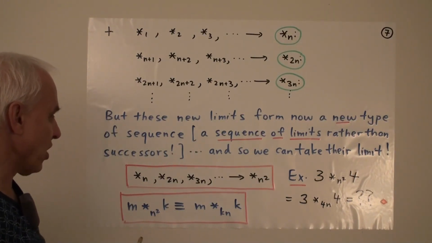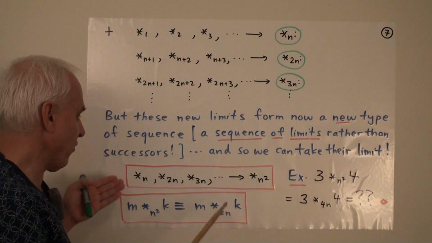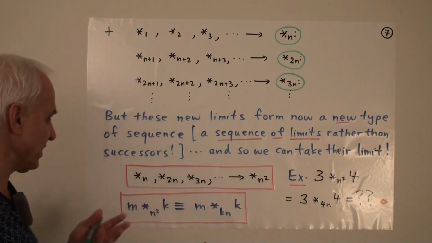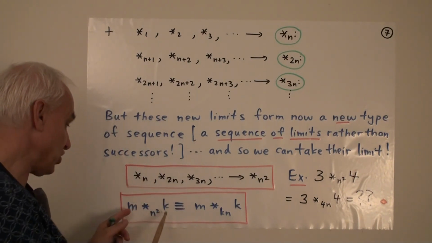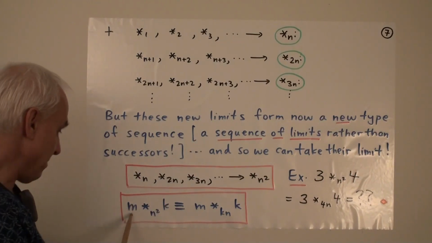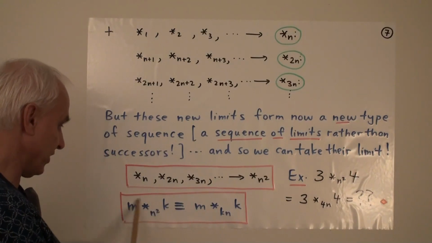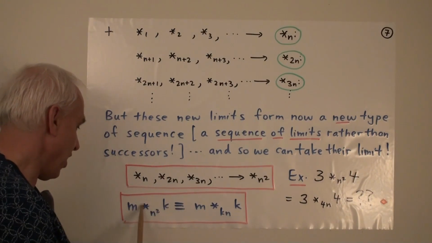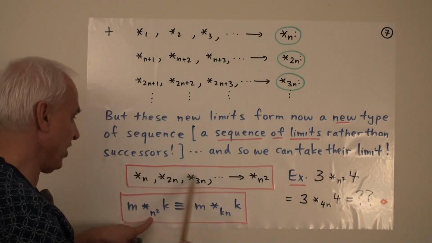And what is the definition of star n squared? Well, it's the same kind of thing that we've seen before. We always define a limiting operation on a sequence in the same way. So once we have our sequence clearly in mind, then the definition of the limiting operation is completely cut and dried. So m star n squared k. We're going to multiply m and k with this operation. We regard this as being created in some limiting fashion from this sequence.